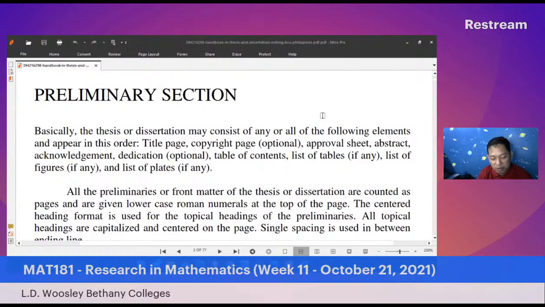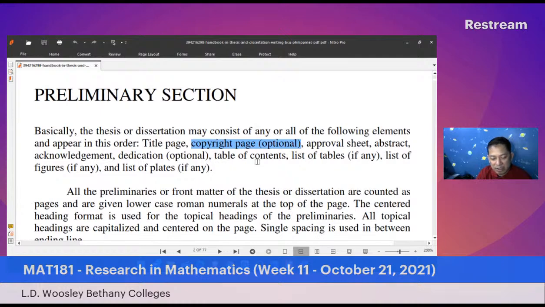Even the research proposal, which goes only until chapter 3, should always follow the format of a full-blown research. Of course, the title page is essential. The copyright page is optional, but if you intend to publish your thesis or dissertation, it could be useful.